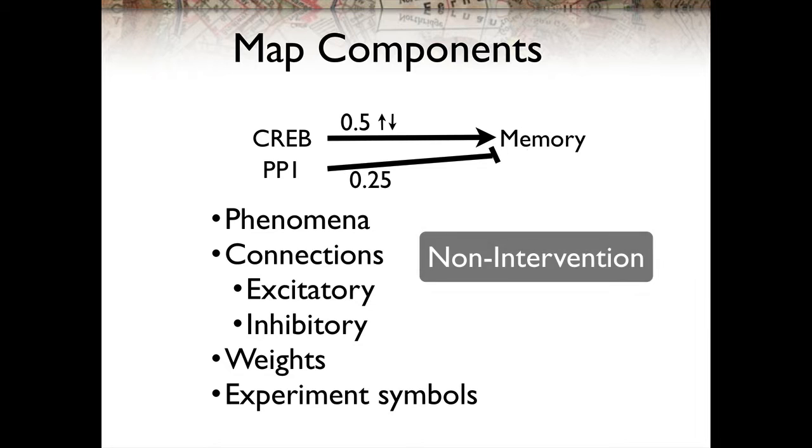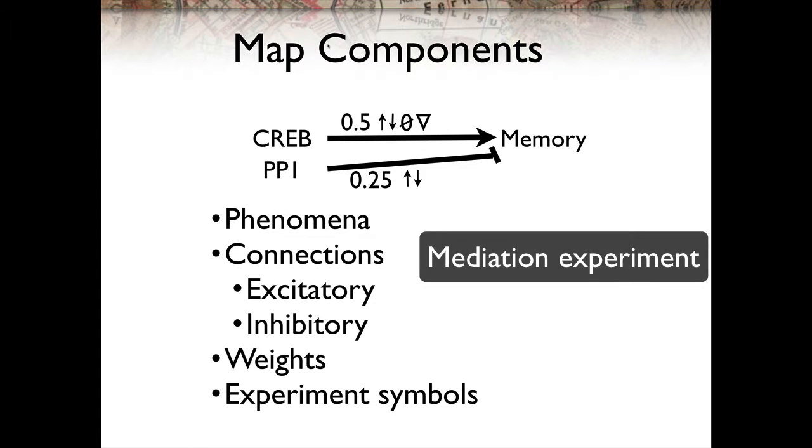A non-intervention is an experiment where you don't manipulate CREB at all. You simply look at the levels of CREB as they co-vary during memory. Does CREB activity go up during memory formation, for example? That's what this experiment, a non-intervention, would ask. A mediation experiment is an experiment that you design to know something about the mechanism by which CREB affects memory. Of course, knowing something about the mechanism, about this connection, increases the reliability or the weight of this connection, so we represent this in the map too.